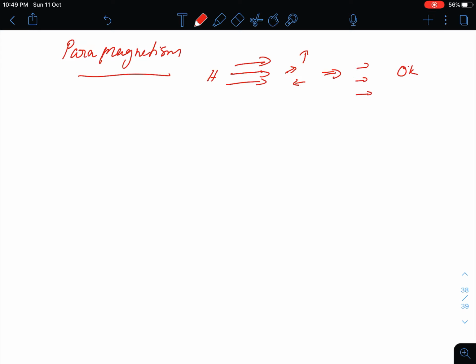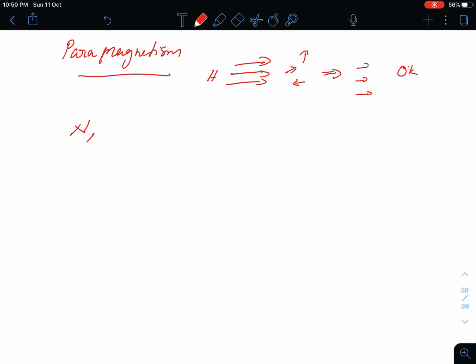Now suppose you have a material, whatever it be, a paramagnetic material. Suppose you have n dipoles inside that material. You know what a magnetic dipole is.